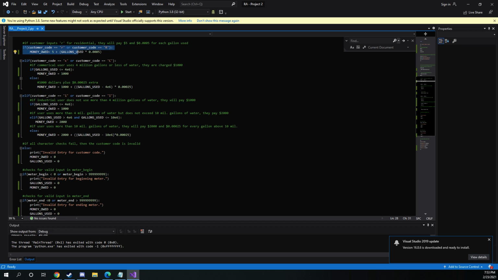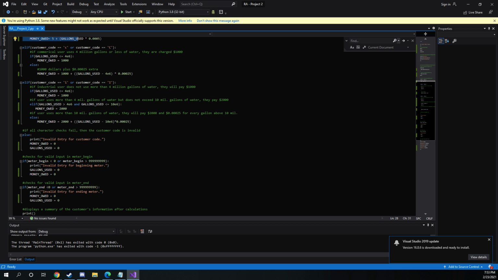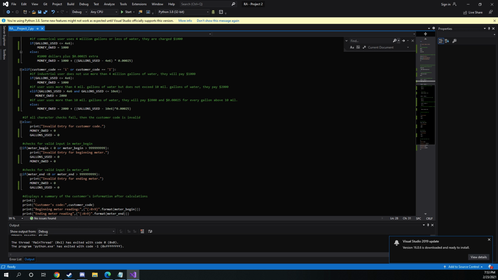We can't check anything. Now we have another error check for the beginning meters and the ending meters. Like we said before, the meter dial can only calculate numbers between 0 and 900 million, or 9 digits. It has a 9-digit limit.